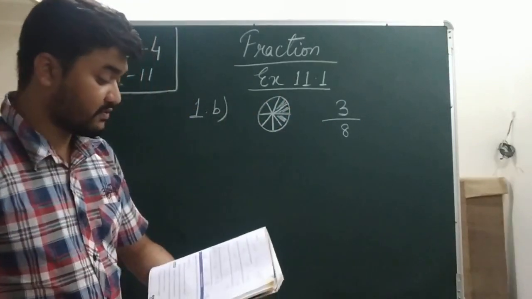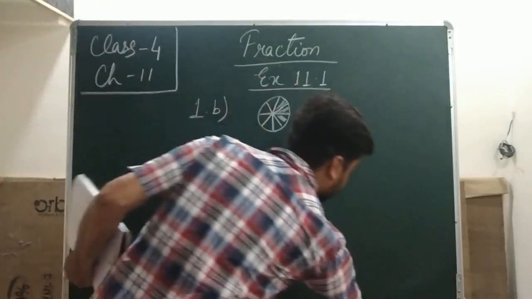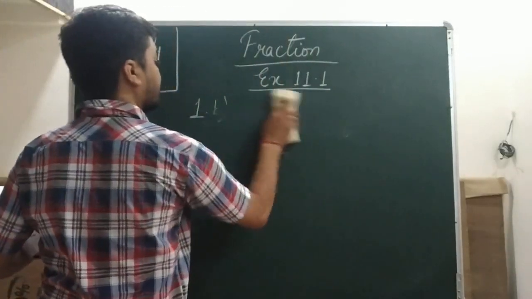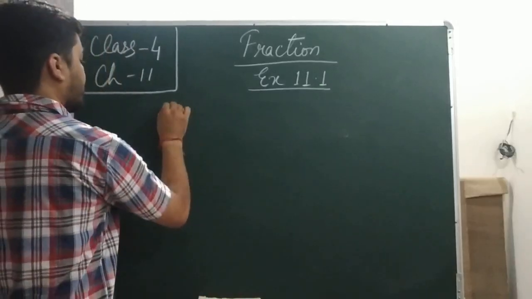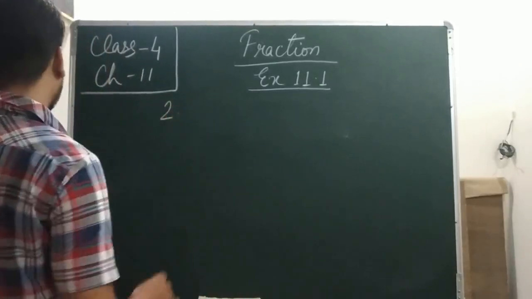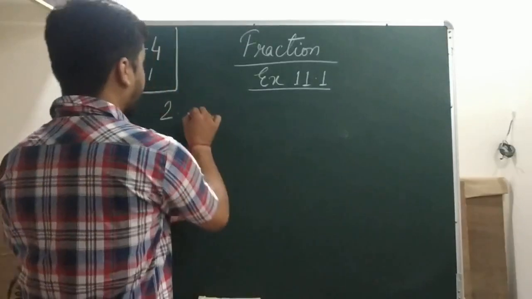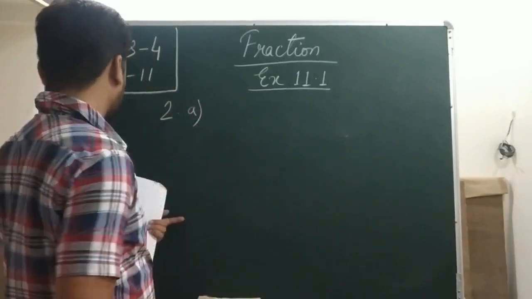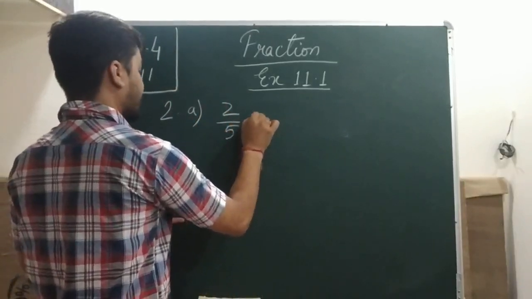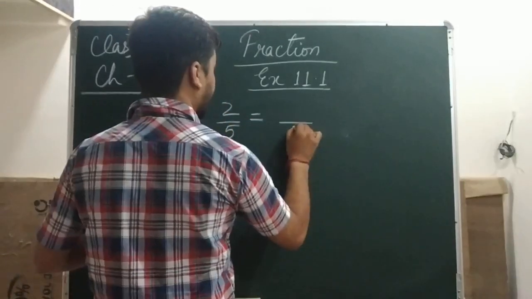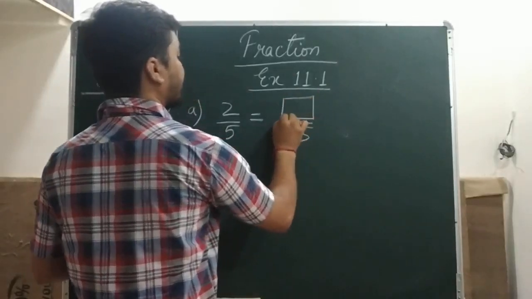Now moving forward, we will do question number 2. See, in question number 2, first part: 2 by 5 is equal to blank by 15. Here 15 is given and this place is blank.